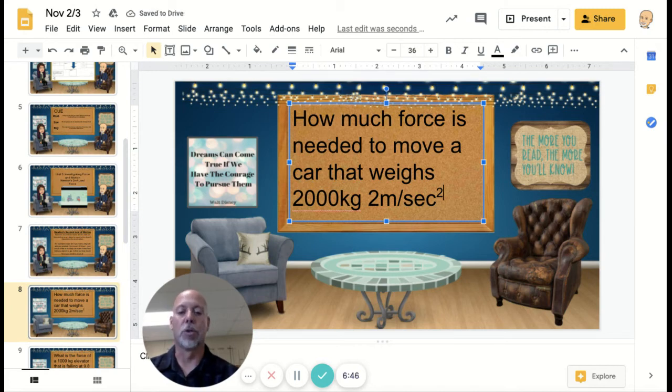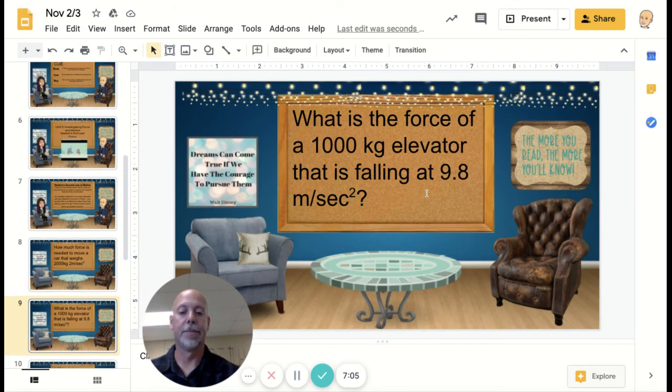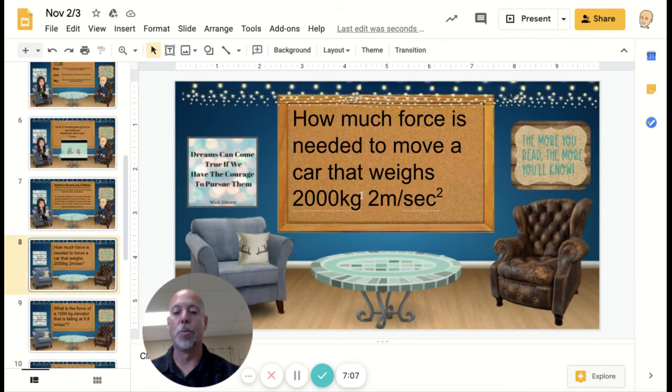How much force would we need then? All right, that would be 4,000 newtons is what you would need to move that car at 2 meters per second squared. All right, so let's move on to a few more.